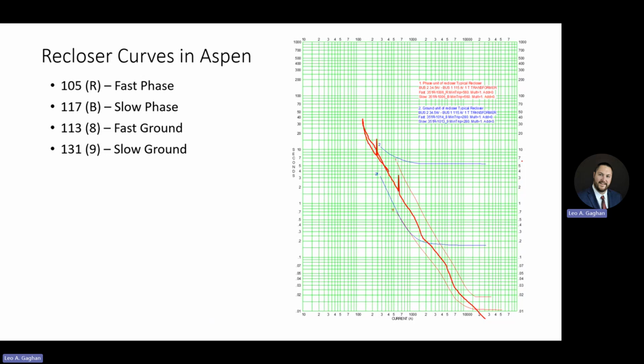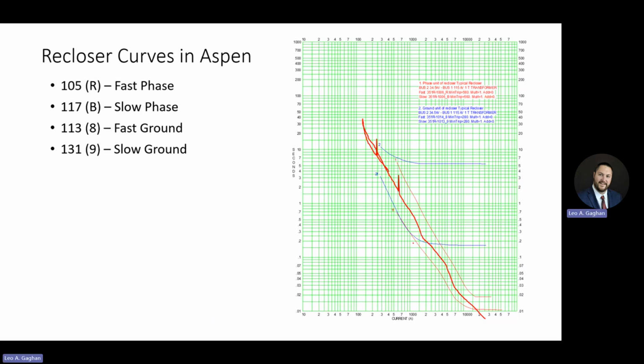Squirrel bites into it, he burns up, he falls to the ground, and we should be able to restore things after that. Well, in that situation, let's say that our fast curve operates, and the phase fast curve, this red one right here, operates so fast that our fuse isn't damaged at all.